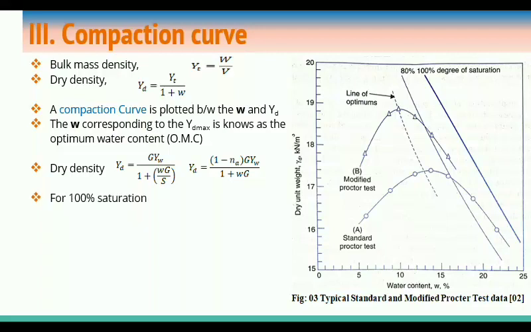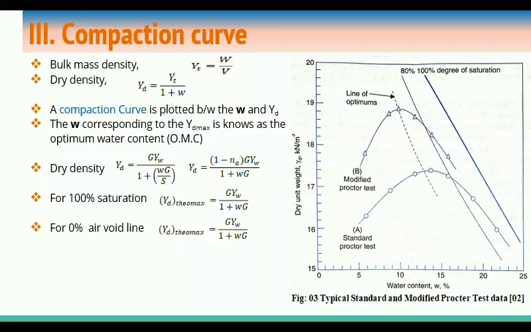For 100% saturation, what is the dry density? Put S equal to 1, and we get this value, right? Or for 0% air voids, if we put Na equal to 0, we get this value. By the formulas, we can see that these two are the same, meaning whatever water content we put, these two will give the same value.